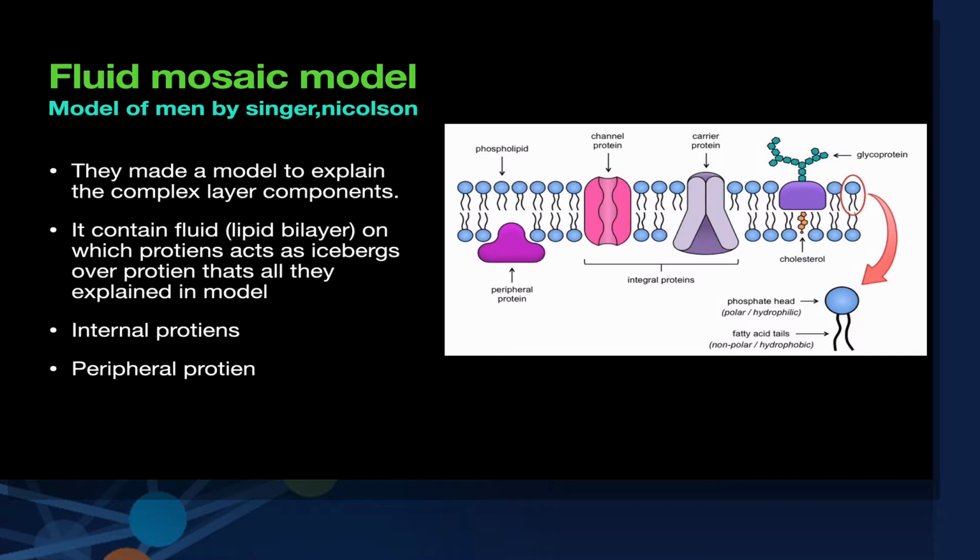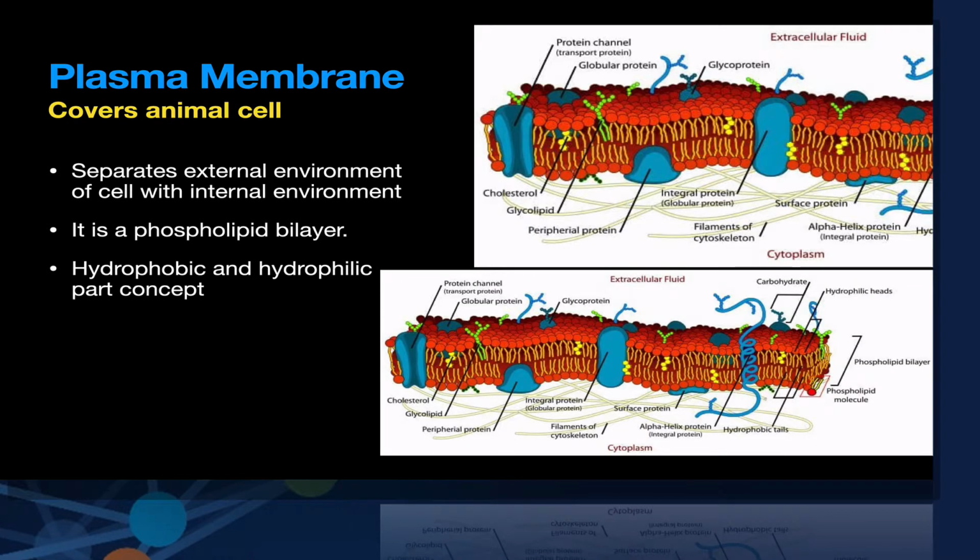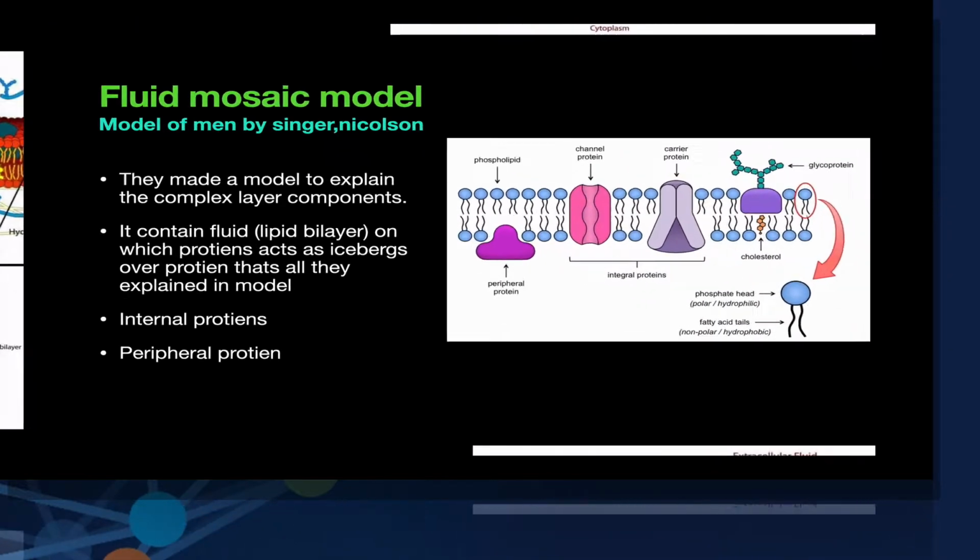The model explains that the bilayer is a liquid on which we have proteins floating over it. So those floating proteins are the channels.